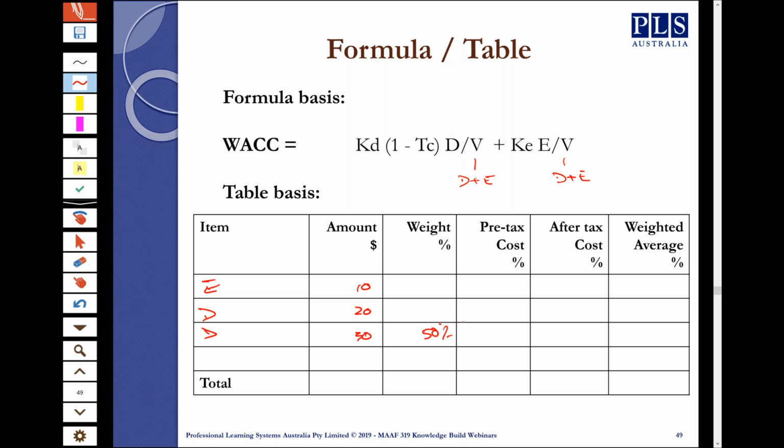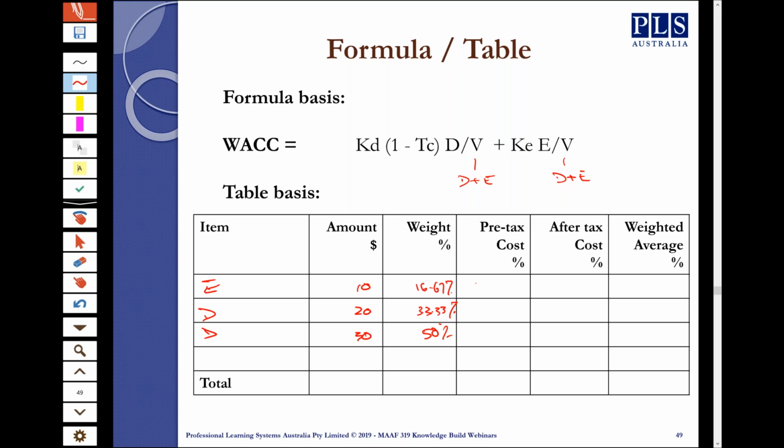The weight for the first debt would be 33 1/3%, something of that sort of logic. You then take your pre-tax cost and your after-tax cost, and then by the time you've multiplied through, you take your amount by your weighting, by your after-tax cost. That weighting by your after-tax cost would give you your weighted average.